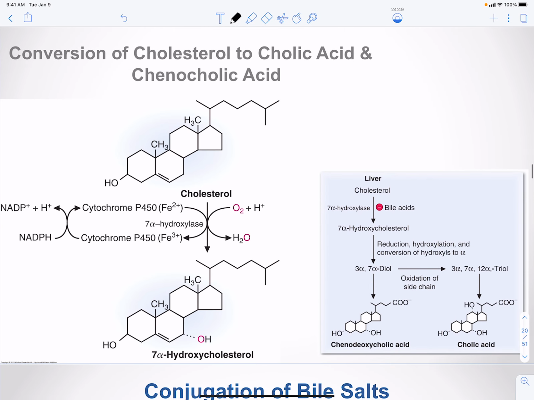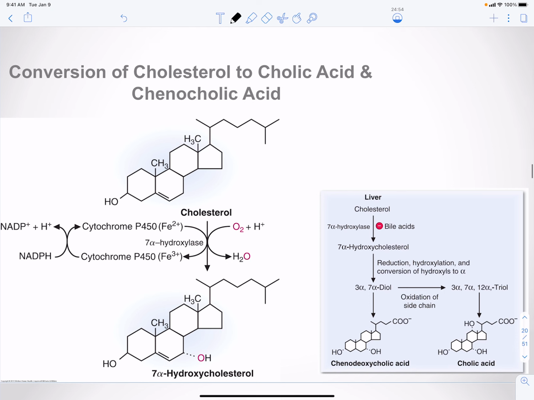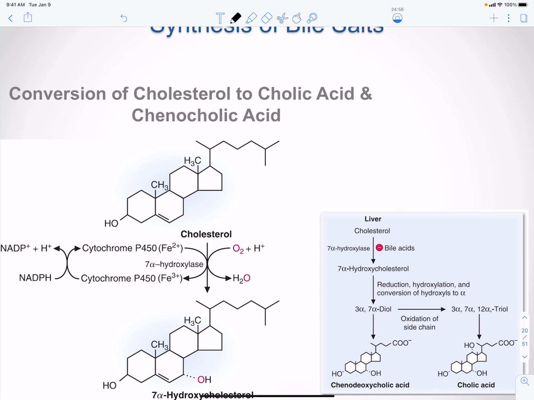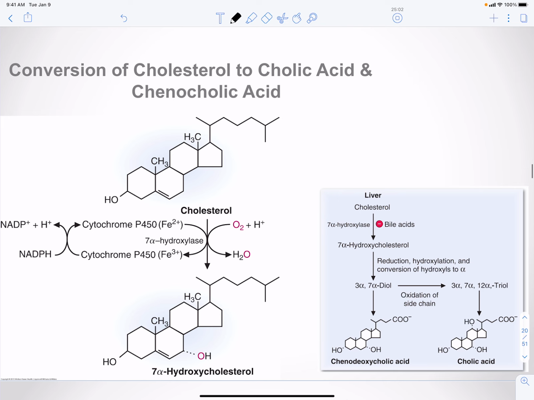Now let's just talk a little bit about the synthesis of bile salts from cholesterol. So we're going to have cholesterol conversion to cholic acid and chenodeoxycholic acid, and they're going to be synthesized by reactions that hydroxylate the steroid nucleus.